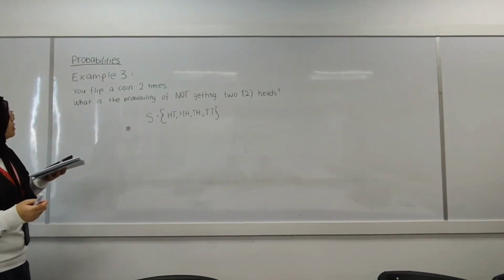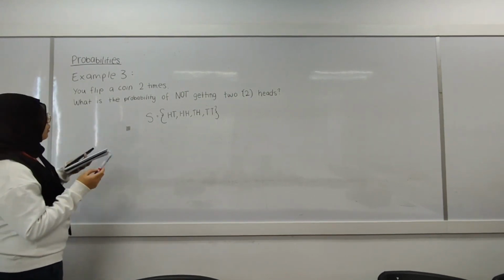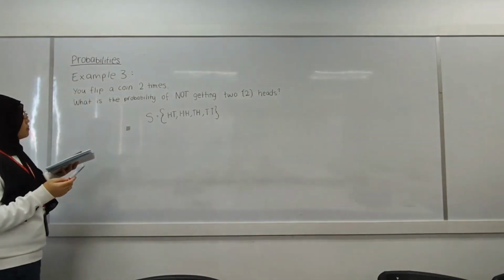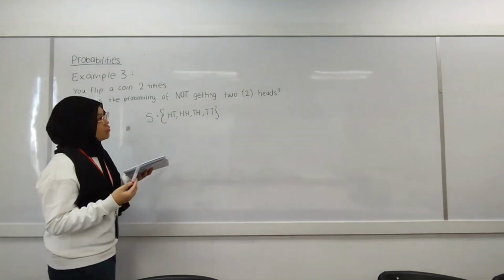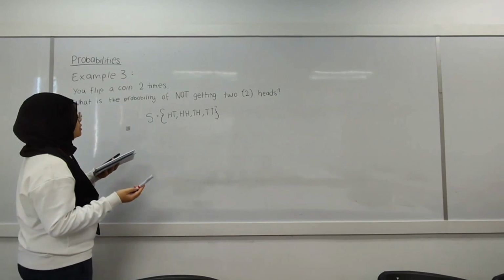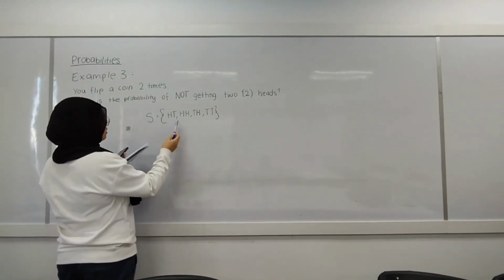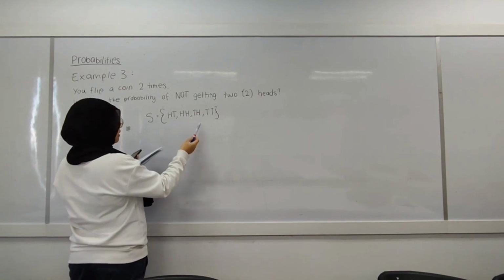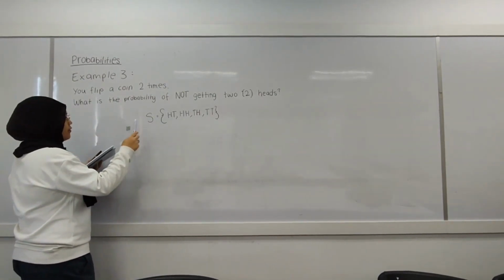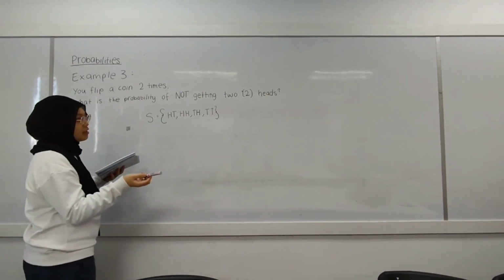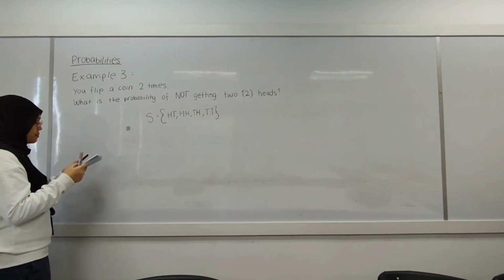For the next example, you flip a coin 2 times. What is the probability of not getting 2 heads? So this is the sample space that we get: head tail, head head, tail head, and tail tail. So the sample space has 4 outcomes.